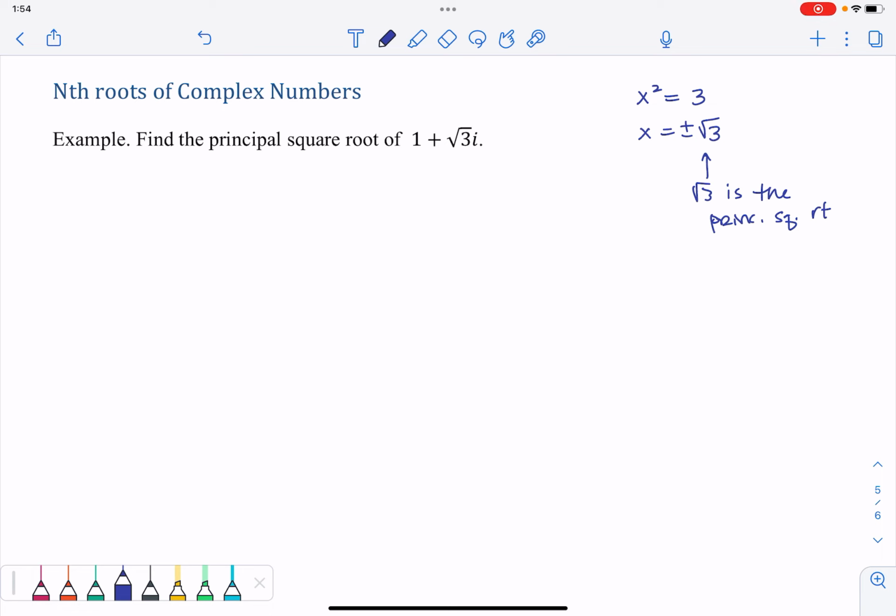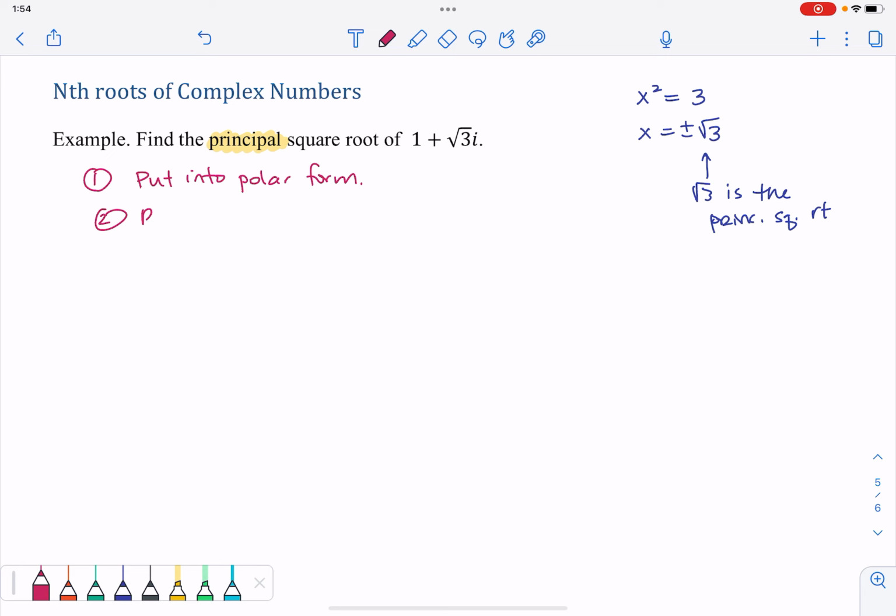Okay, so we'll hang on to this idea of which one is the principal square root for a second, but just finding the square root of a complex number, what is that going to mean? Well, our steps are as follows. First we're going to put this number into polar form.